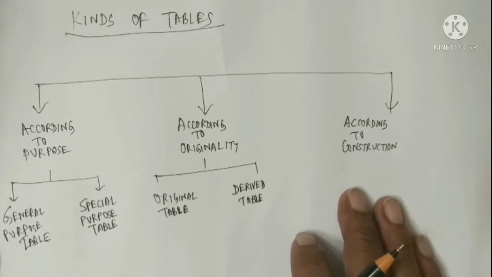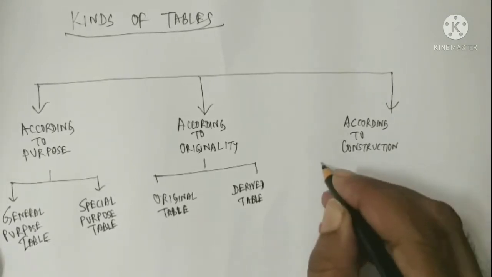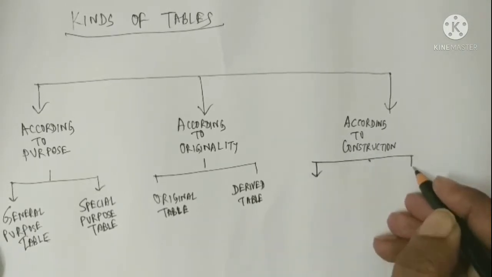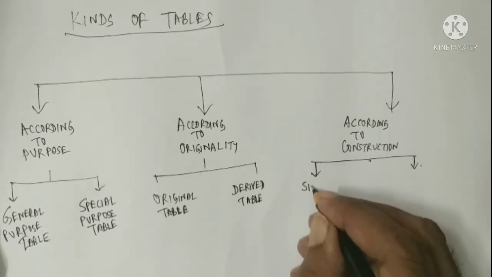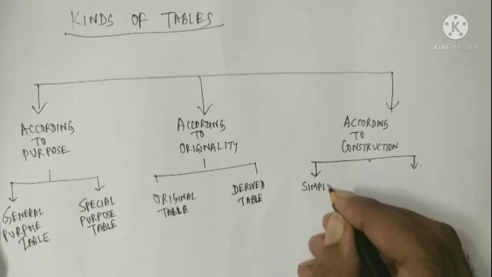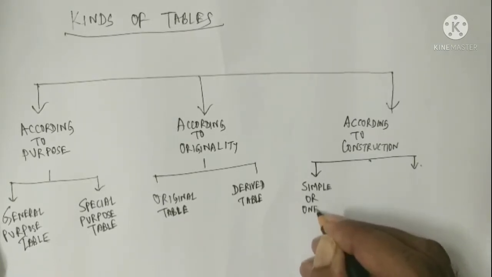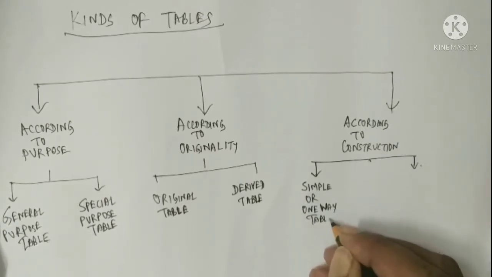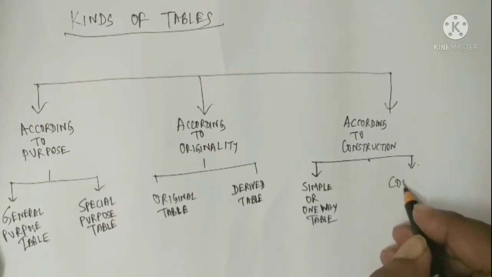According to construction we get two types of table, that is simple or one way table, and the second one is complex table.